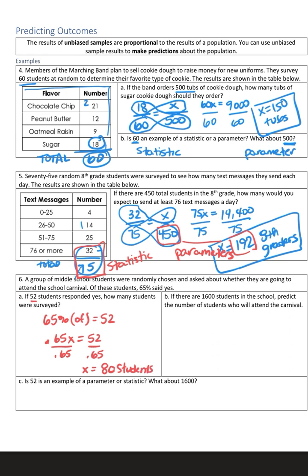There we go. If there are 1,600 students in the school, predict the number of students who will attend the carnival. Well, they said 65% said yes, so I could just do 65% times 1,600, or 0.65 times 1,600. And that is 1,040.